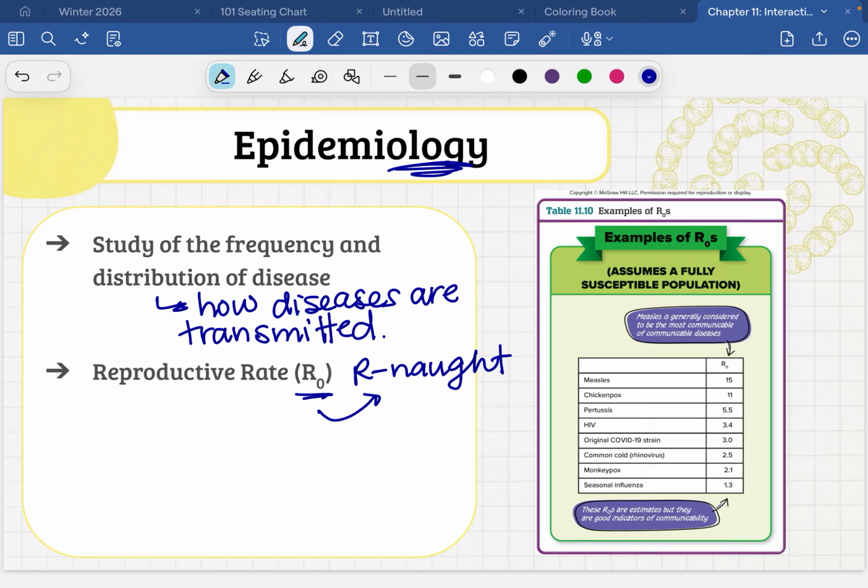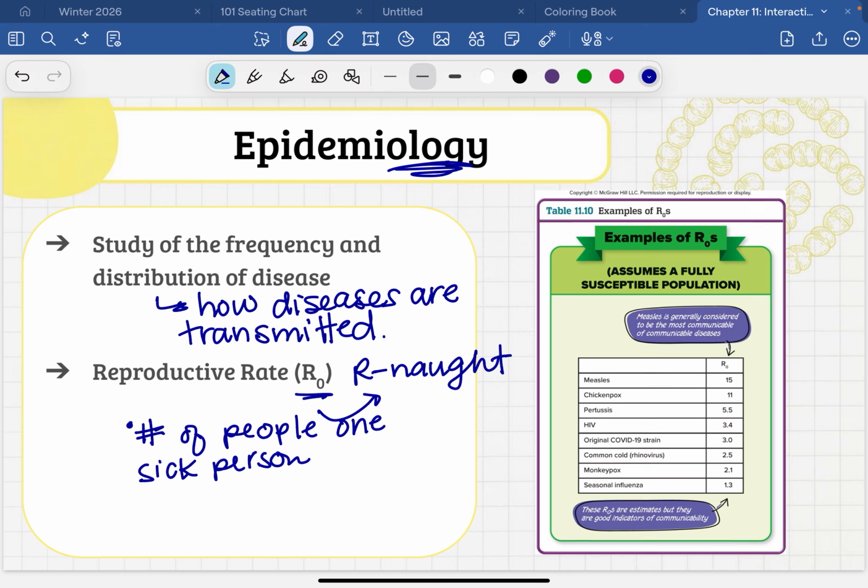And what this kind of equates to is, if one person has this illness, how many other people will they spread it to? So the reproductive rate is roughly equivalent to the number of people one sick person will spread the illness to, on average.